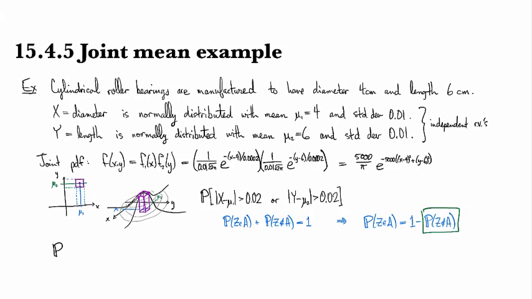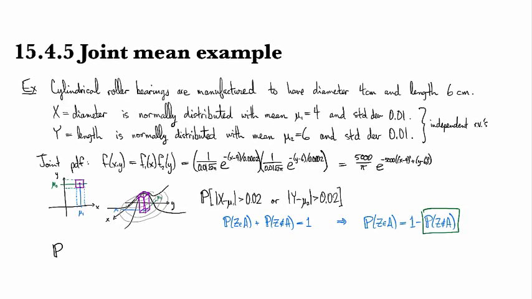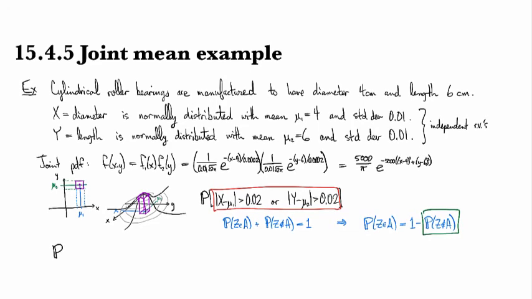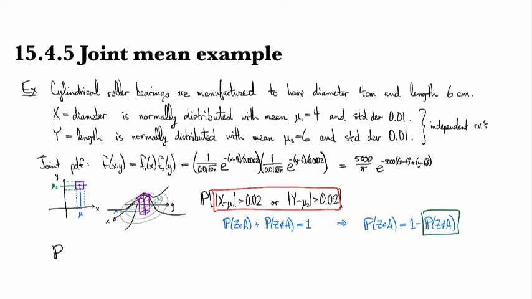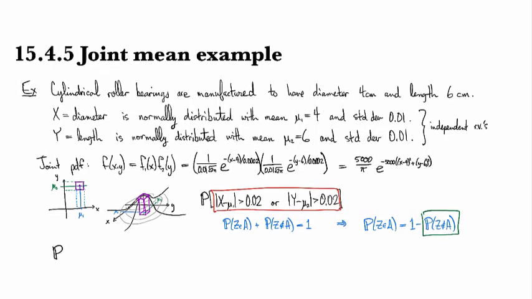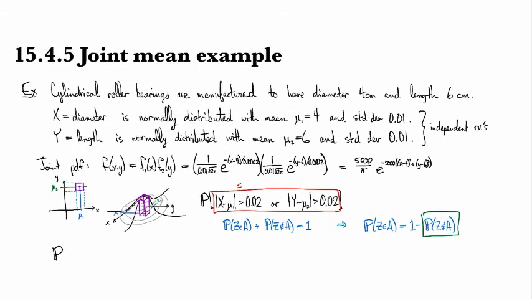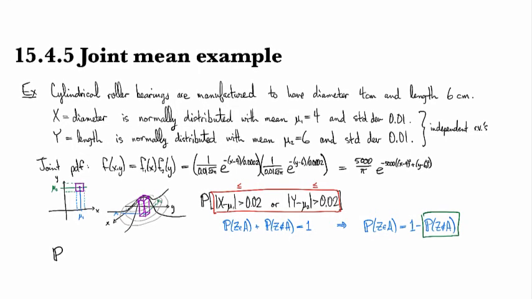So now we have to figure out what is the opposite of neither, so either this doesn't happen or that doesn't happen. Well, that would be the same thing as if this one is close to its mean and this one is close to its mean.